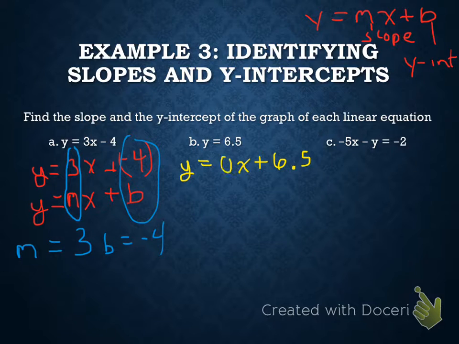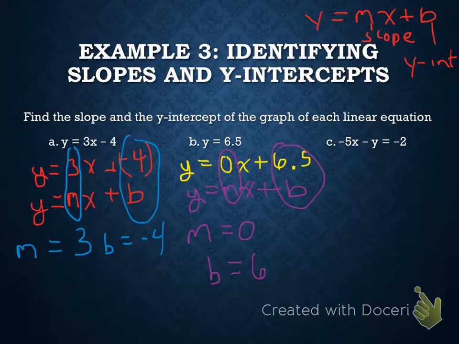That's simply 0x, because 0 times any number is 0. So again, looking at y equals mx plus b, we've got our m right here, so our slope is 0. And my b right here, my y-intercept, is 6.5.